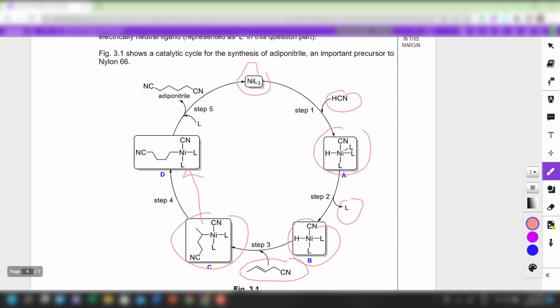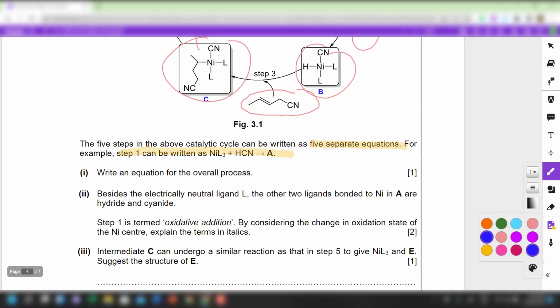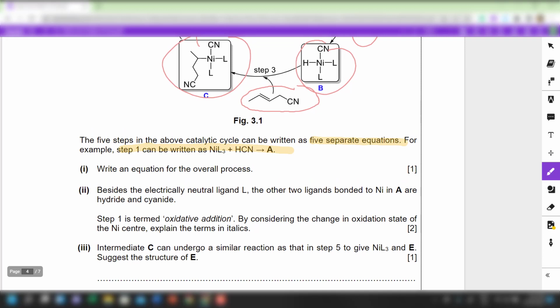And then in the last step, B combines with L, and in the process, NiL3 is regenerated, and at the same time, adiponitrile is being expelled. So that is actually the synthesis of this important precursor to nylon 6,6. If you try to write out everything, you should be able to cancel most of the things away.